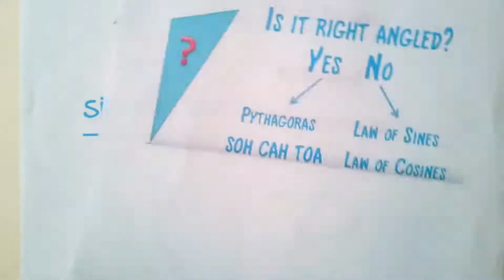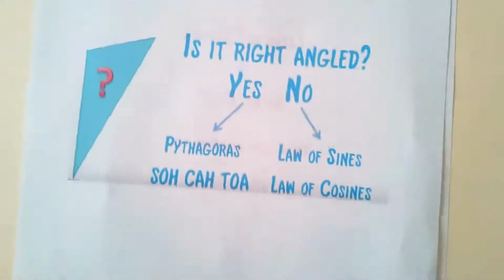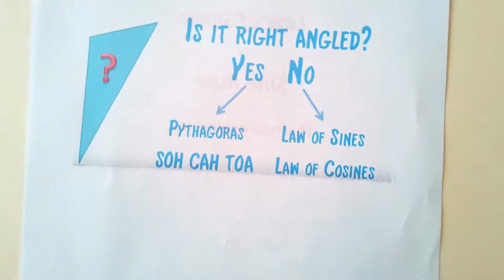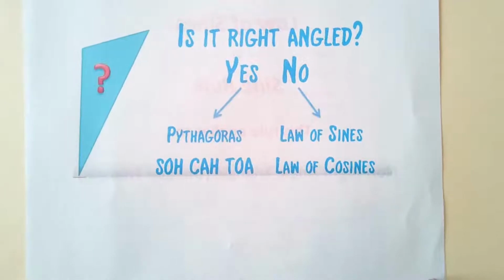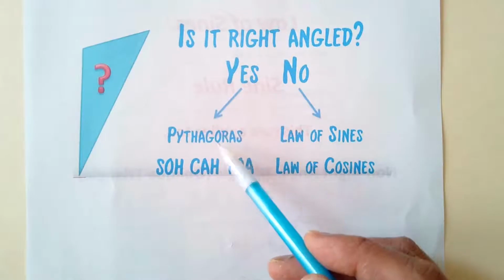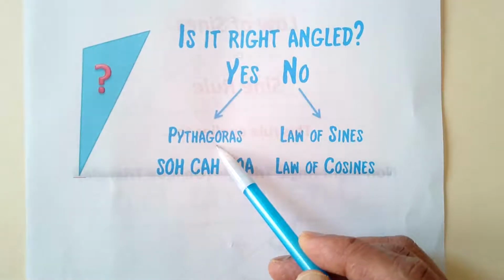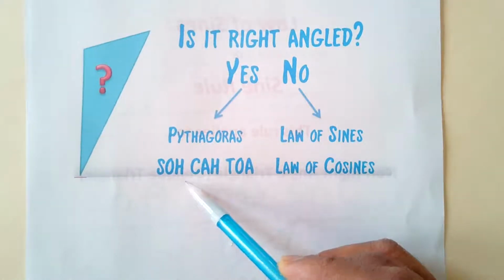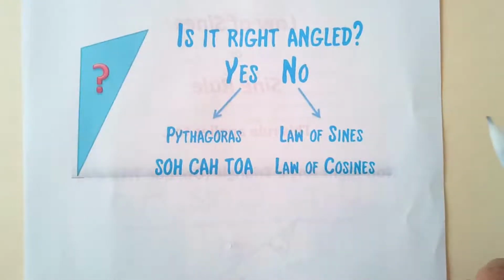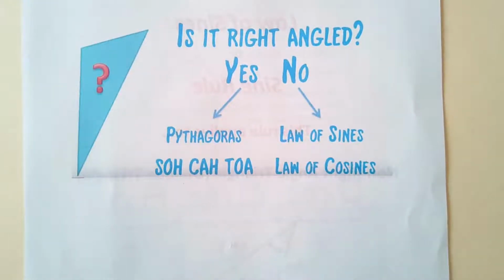When you have a triangle, you should ask yourself, is it a right angle triangle? If the answer is yes, we go straight to the Pythagorean theorem or SOHCAHTOA. So far, we've been using the Pythagorean theorem, which is c squared equals a squared plus b squared, and SOHCAHTOA, which is the sine, cosine, and tangent ratios.